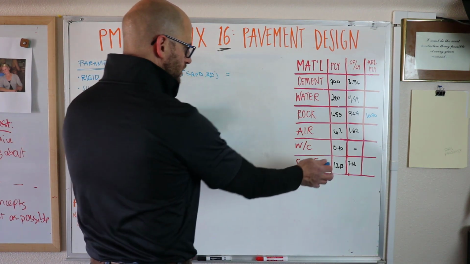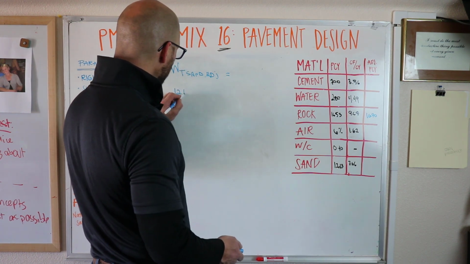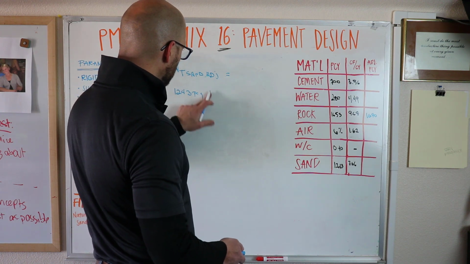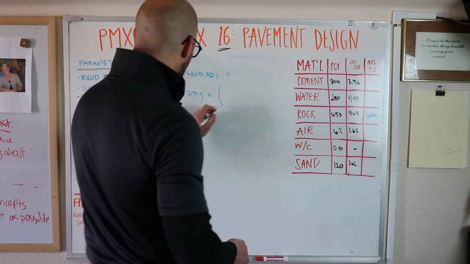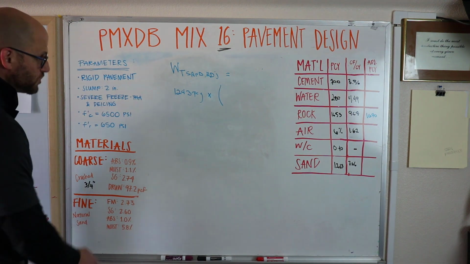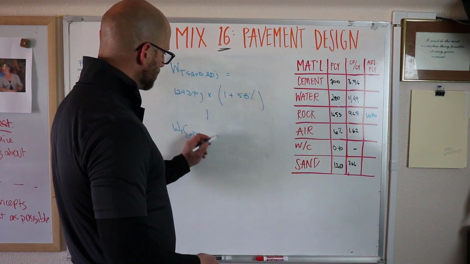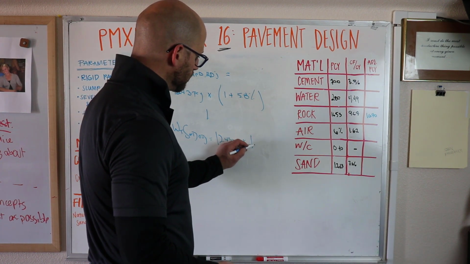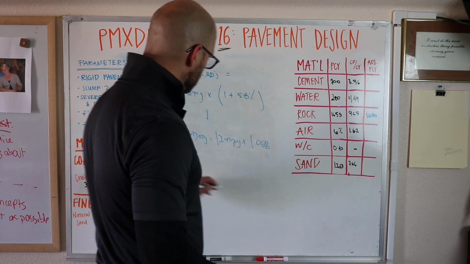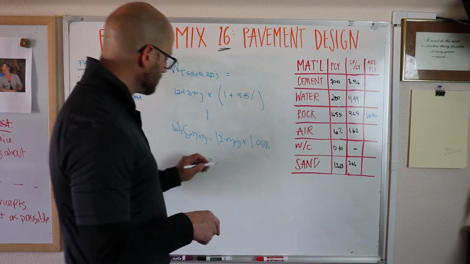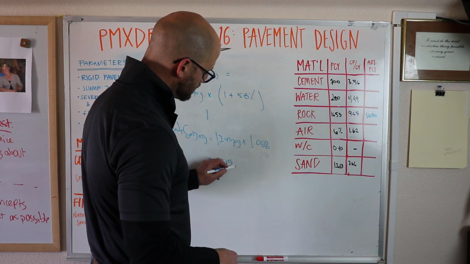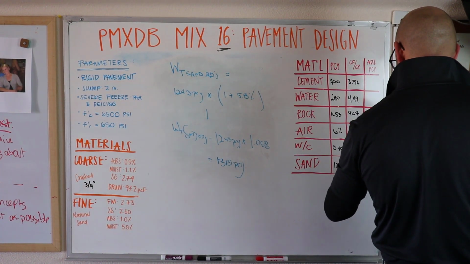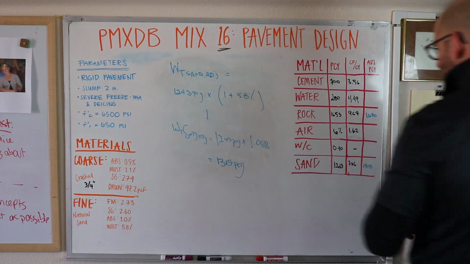Just like before, we're going to take our original weight, our 1,243 pounds per cubic yard, and multiply it by our moisture plus 1, which is 1,243 pounds per cubic yard times 1.058, and that equals 1,315 pounds per cubic yard. And we'll go ahead and put that right here, 1,315, and we're good.